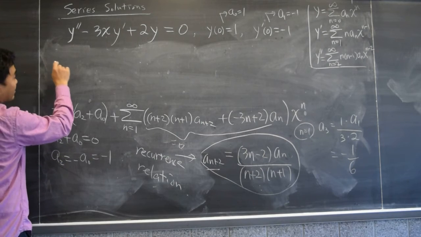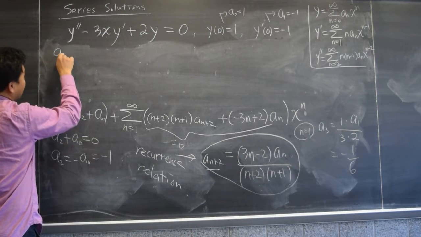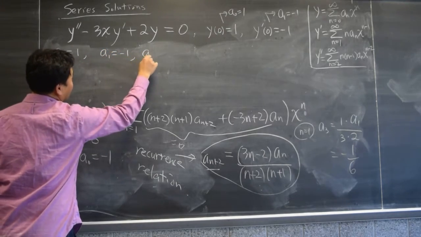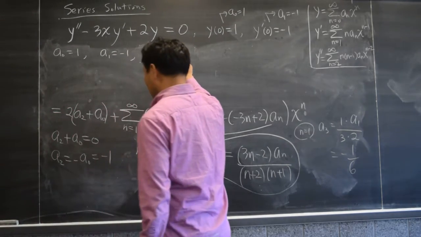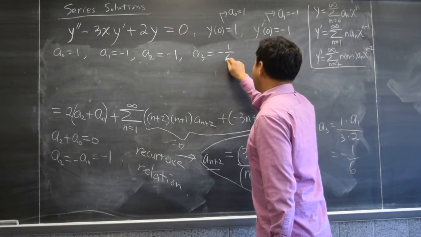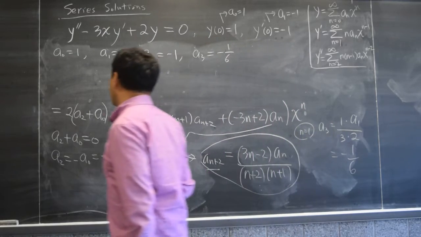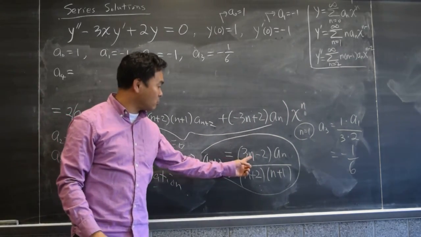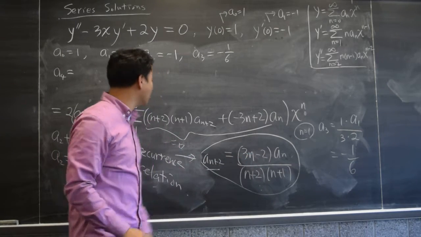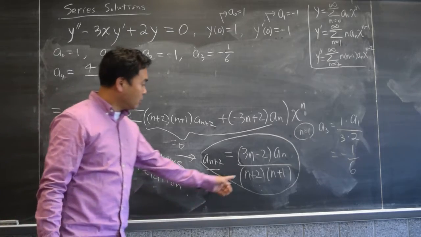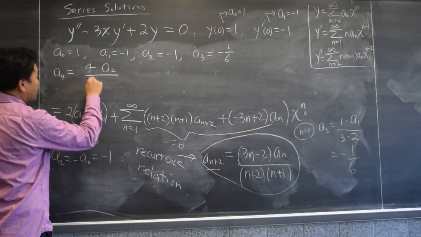So let's just write down what we know so far. I know that a0 is 1, a1 is negative 1, a2 is negative 1, a3 is negative 1/6. Okay, now what is a4? a4 is when you plug in 2 to this: 2 times 3 is 6, 6 minus 2 is 4, a2 over 4 times 3.